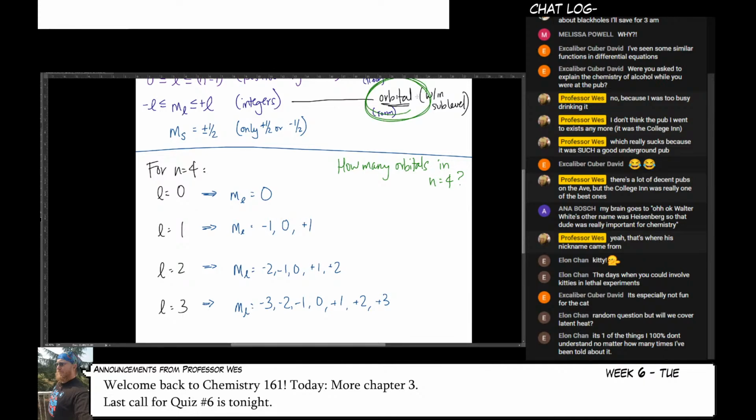So, how many different outcomes of M sub L are there? Well, there's 1, 2, 3, 4, 5, 6, 7, 8, 9, 10, 11, 12, 13, 14, 15, 16.